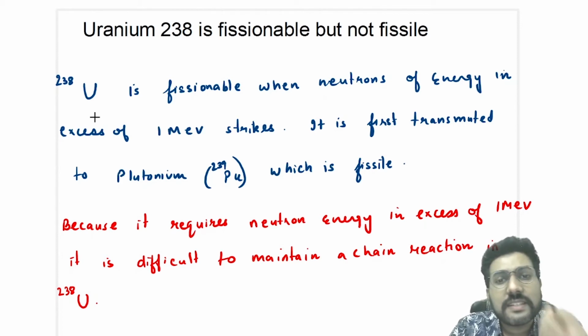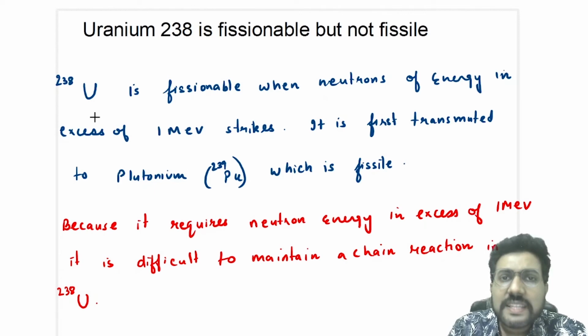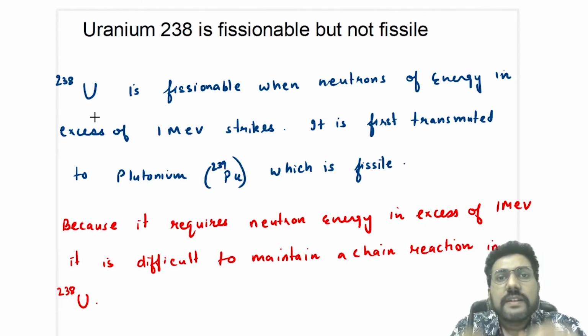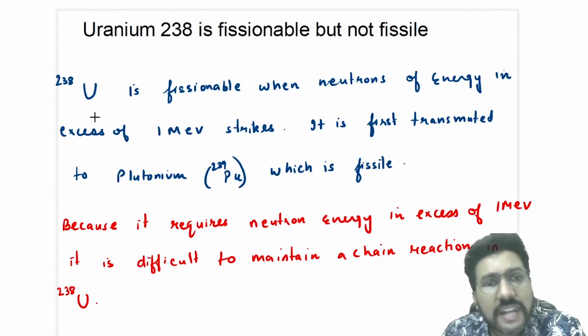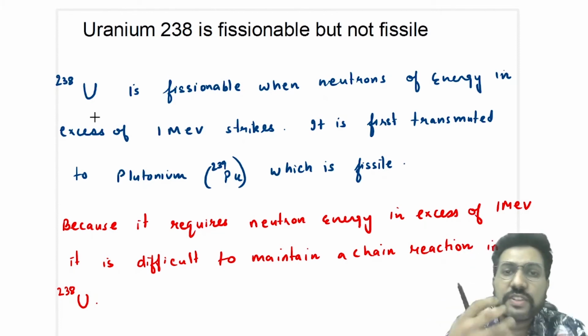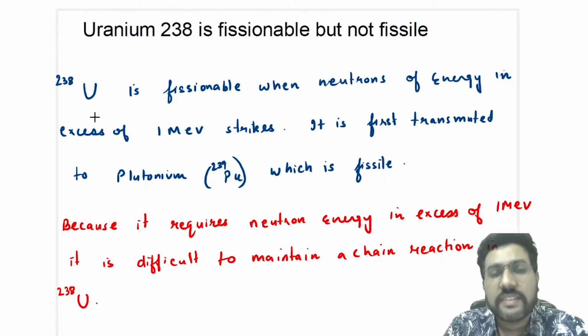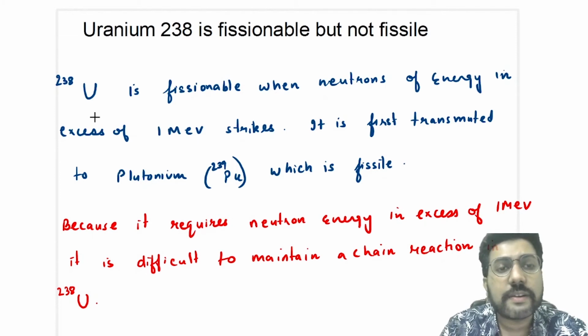Now we must understand the meaning of fissile. Fissile means substances which can sustain a chain reaction. So if there is a possibility of chain reaction, then that substance will be fissionable as well as fissile. Now uranium-238 is not fissile. That means you cannot sustain the chain reaction in uranium-238. Why?